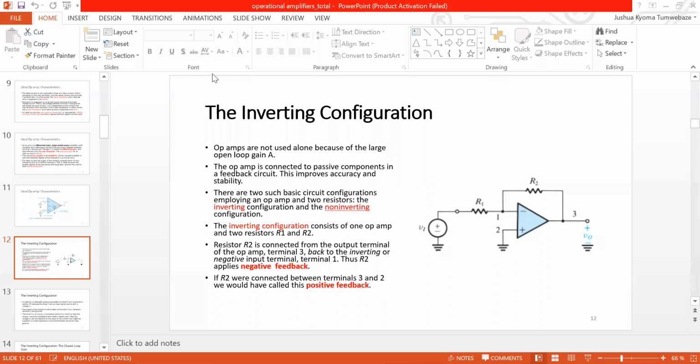We talk about negative feedback. But if R2 were connected between terminals 3 and 2, we would talk about positive feedback. But what we use most of the time in amplifiers is negative feedback because it is more stable than positive feedback. Positive feedback can easily cause oscillations.